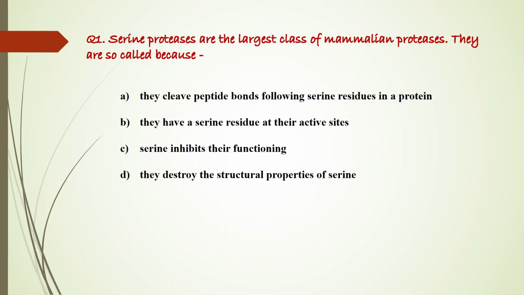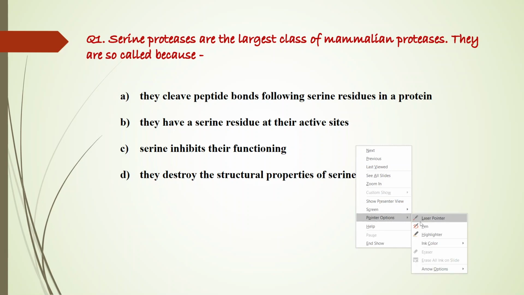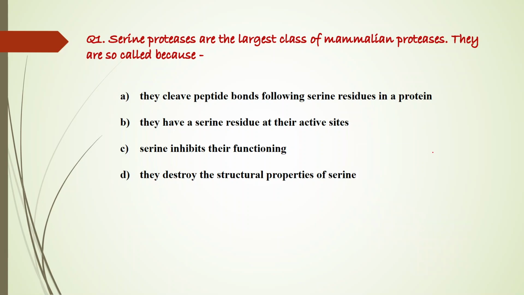But you all know why we call them serine protease? Because, one second, just give me a second. Because if this is your protease enzyme, then there is a serine molecule present at the catalytic site, which is why they are classified as serine proteases.